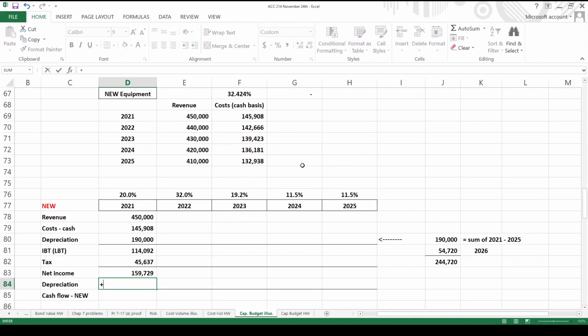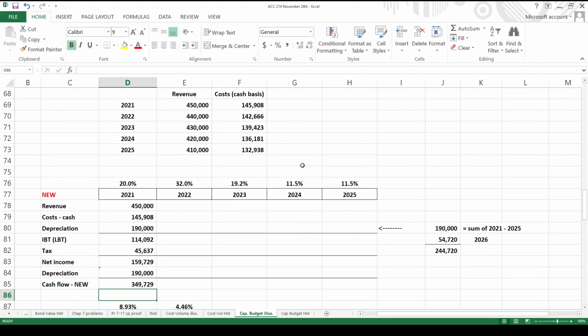You remember. Add back the depreciation. Here's our cash flow from the new. Year one. 349,000. Got to subtract that, right? 258,455.